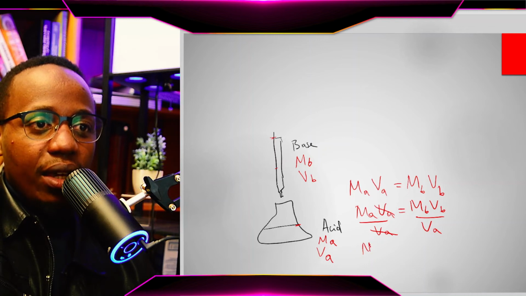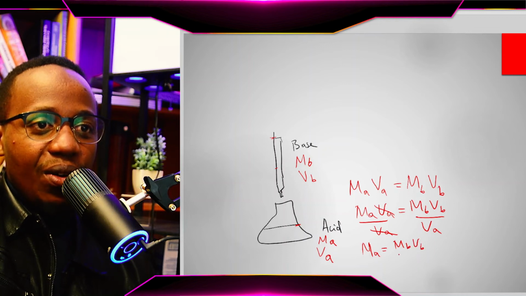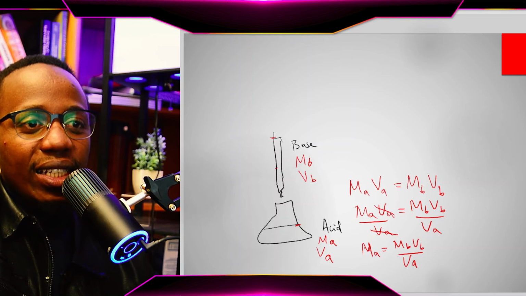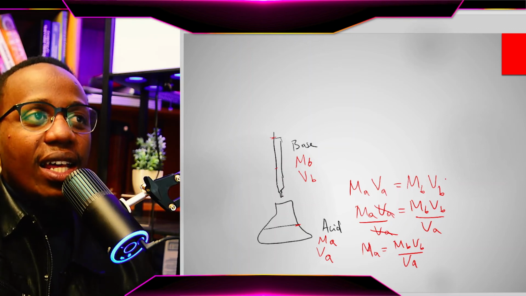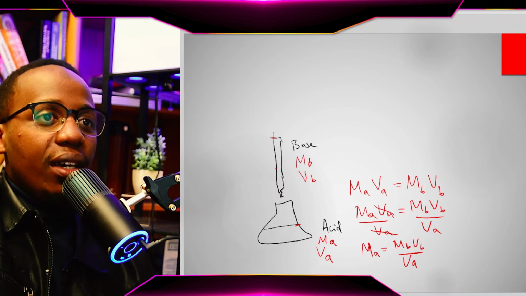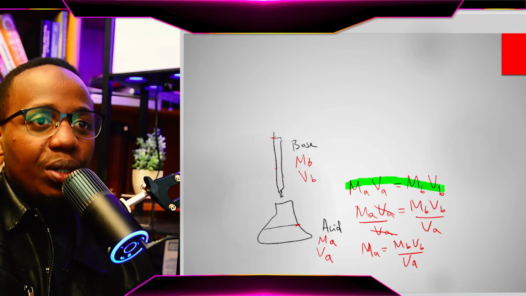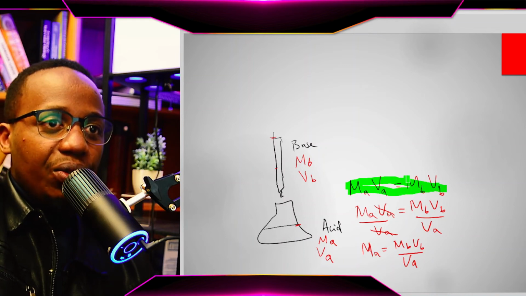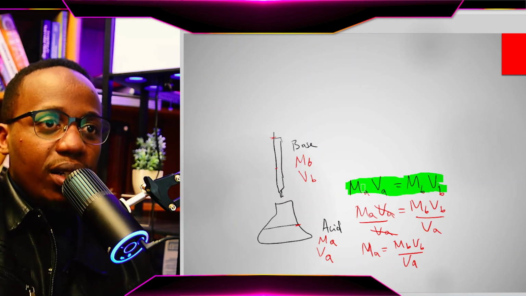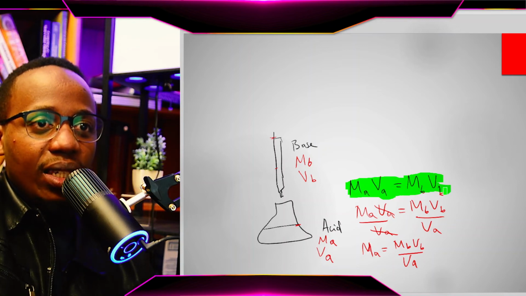And Ma is equal to MbVb over Va. So you can calculate the concentration of the acid given this, and that is the formula that we're going to be using. This is the crucial formula for titration, because we have everything except one.